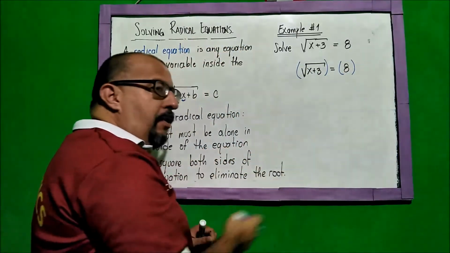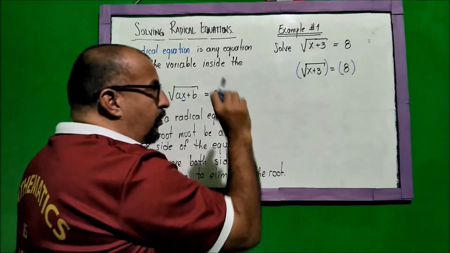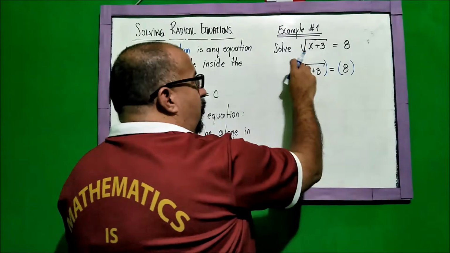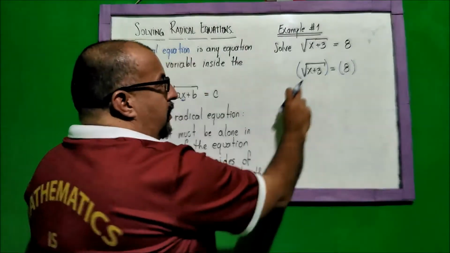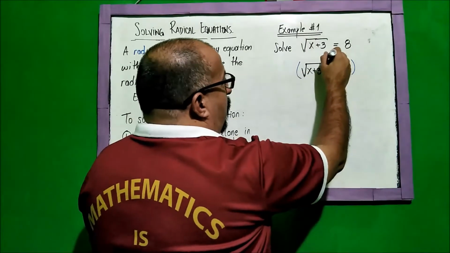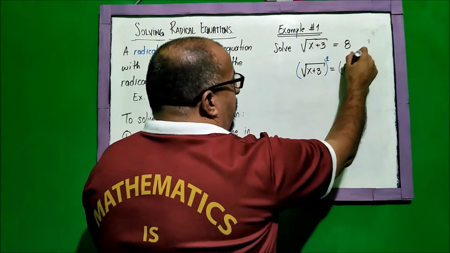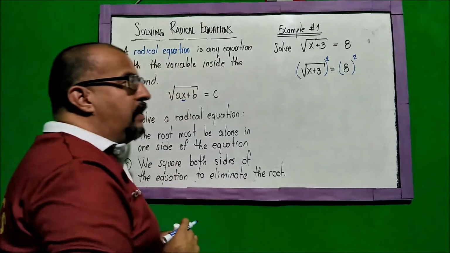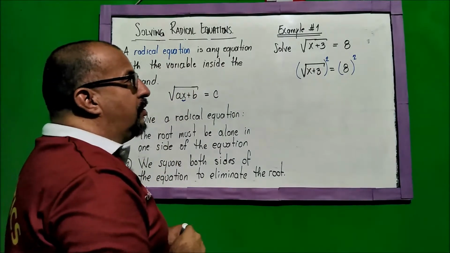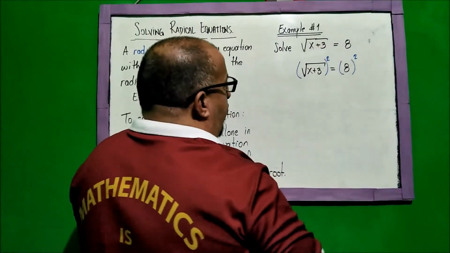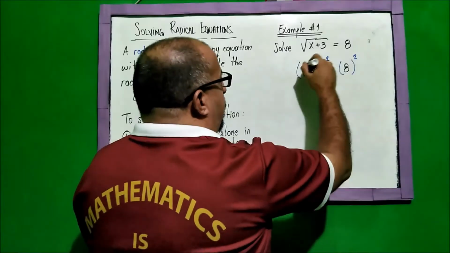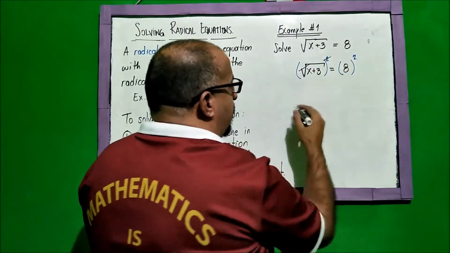In this case, the inverse operation indicates that I have to use a power that is going to cancel this root. Since this is a square root, what I will do is square both sides of the equation. Once I square both sides, the properties of radicals and the properties of power allow me to do this.